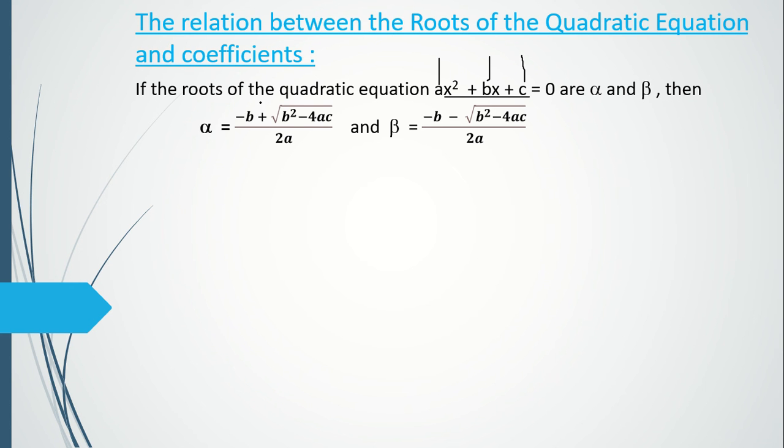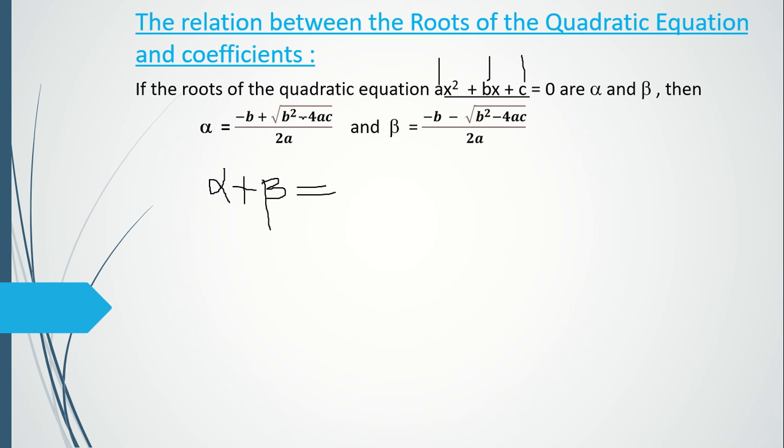And if you see in the formula, we have coefficients only. So what relation can we say between the roots and the coefficients of the equation? We will try to find out the relation. Alpha plus beta we do first. So when we do alpha plus beta, what happens?